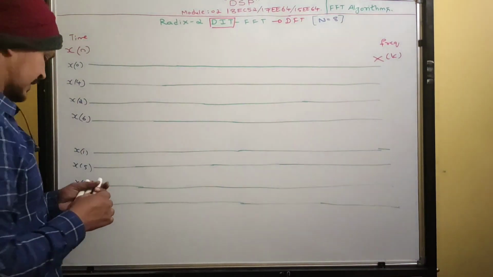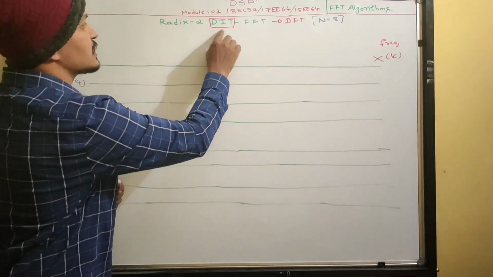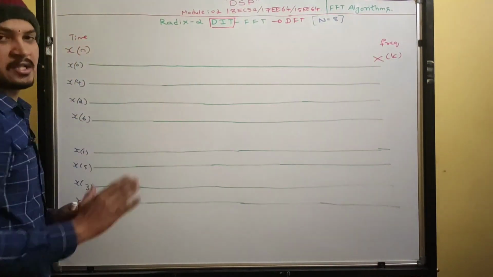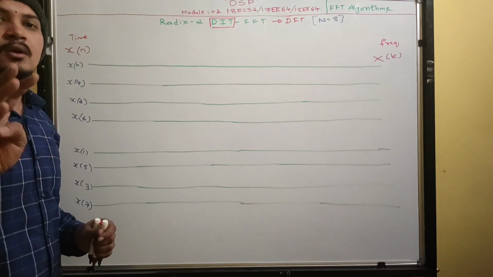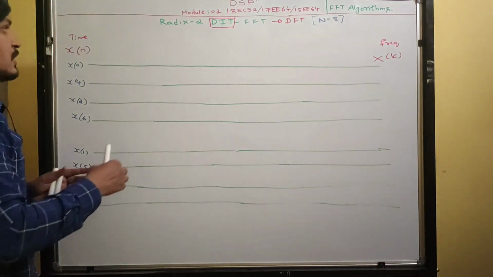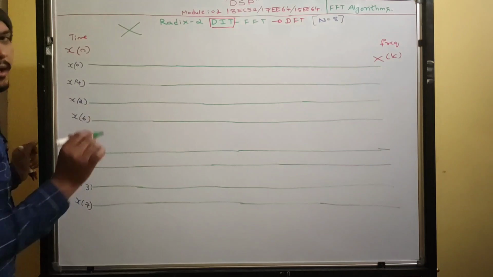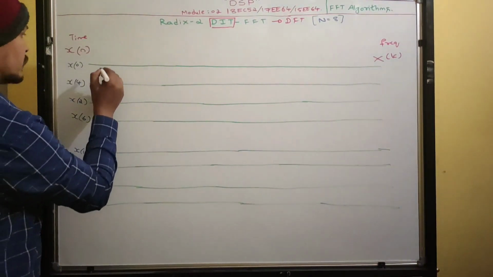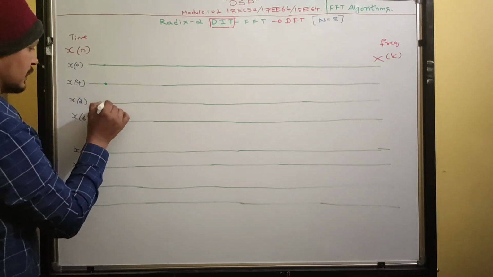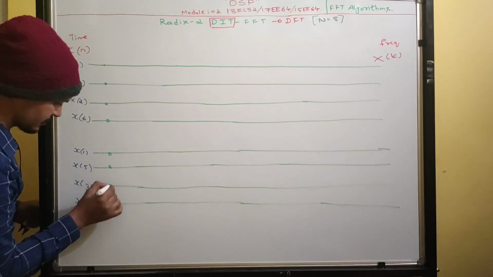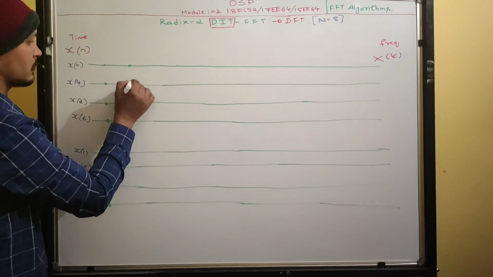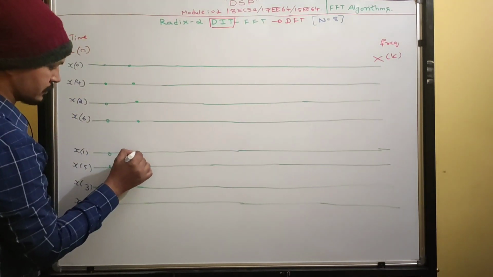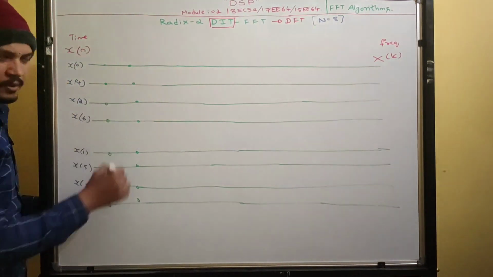So keep in mind guys, wherever decimation is there, there you write 2-point butterfly. See, butterfly is nothing but simply a cross mark. Okay, so now you write dotted lines. Put 2 dots, like this you write dots.